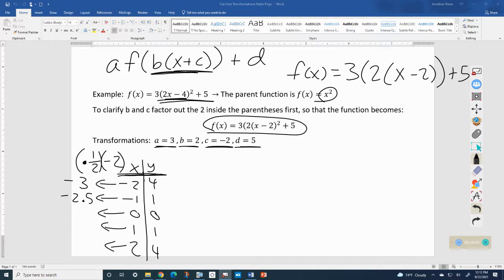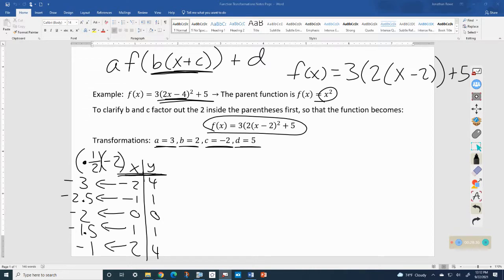Okay, 0 times 1/2 is 0, and then minus 2 is -2. I have a question. Alright, let me finish this first. 1 times 1/2 is 1/2. Minus 2 is -1.5. Alright, 2 times 1/2 is 1. 1 minus 2 is -1.